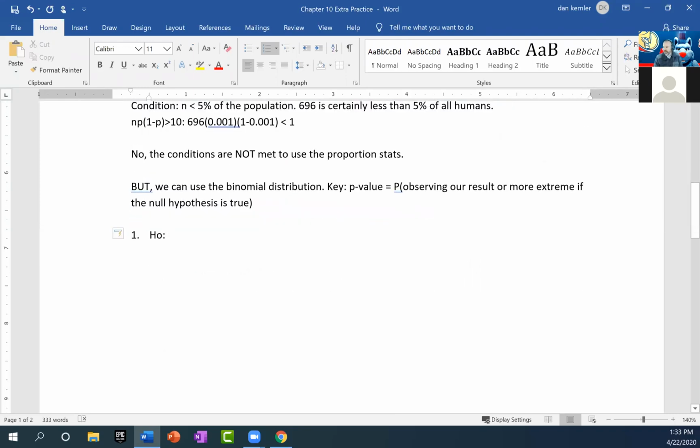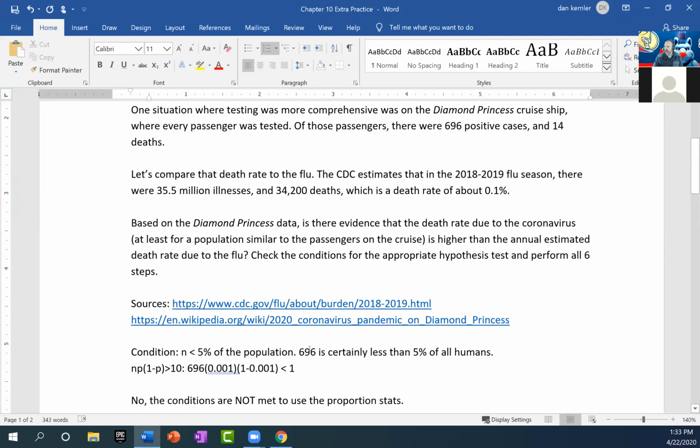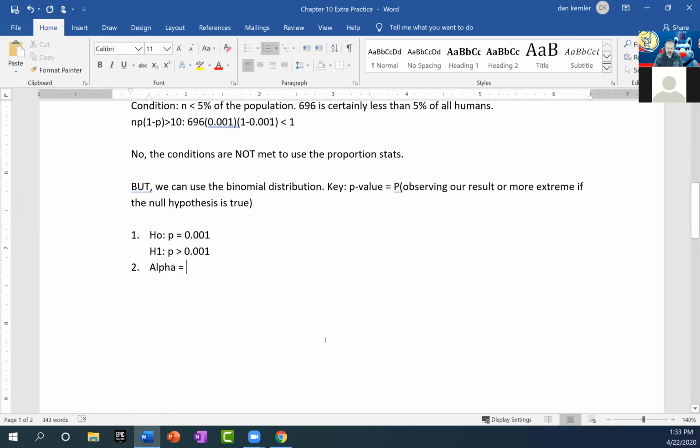The null hypothesis would be that the proportion is the same as it is for the flu. And then our alternative hypothesis, we think it's higher than that. Second step is our alpha level, our level of significance. It doesn't give us an alpha, so we'll use our typical 0.05.